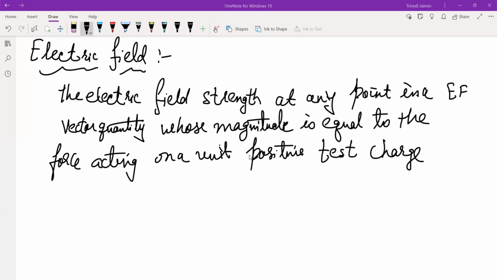So test charges are small and positive so that they don't cause any deflection in the electric field. Yes, it is. That's why it's specially for testing. That's why they gave it the name test charge. Okay?